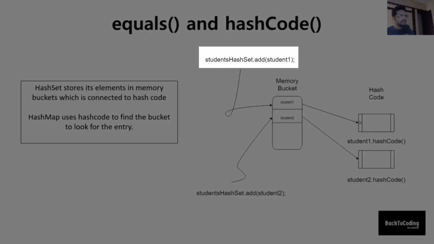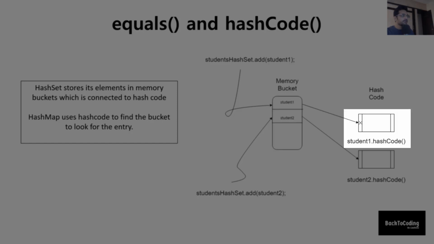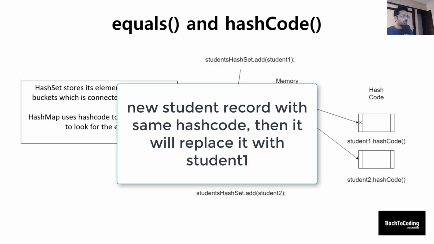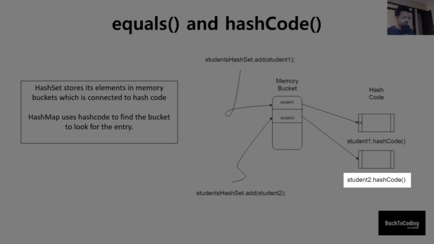So when we call studentsHashSet.add(student1), student1 is stored inside a bucket and is linked to student1.hashCode. If you try to add a new student record with the same hash code, it will simply replace student1. However, student2 has a different hash code, so it is stored in a different bucket.